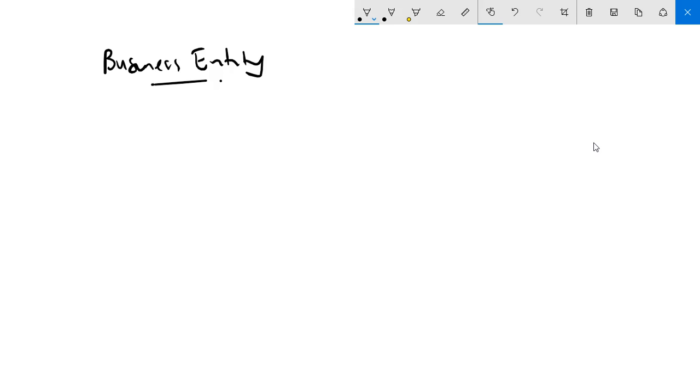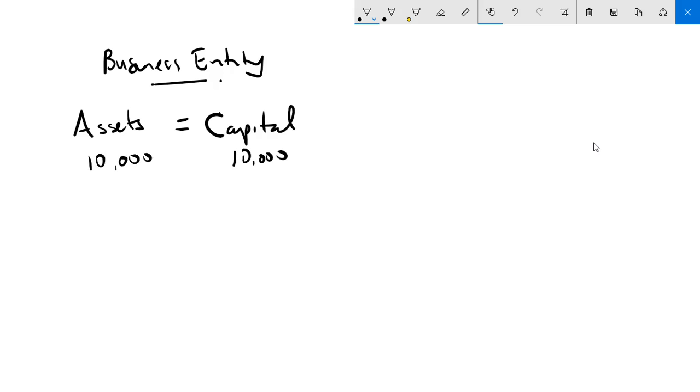The owner has just lent money to the business. What the owner lends to the business is referred to as capital. So if, for example, an owner lends £10,000 to a business, we now say that business has money or assets of £10,000.